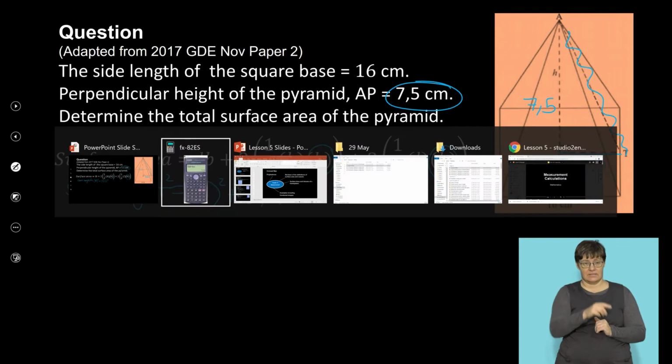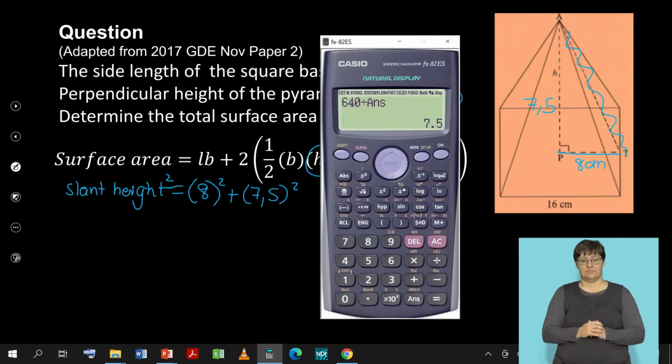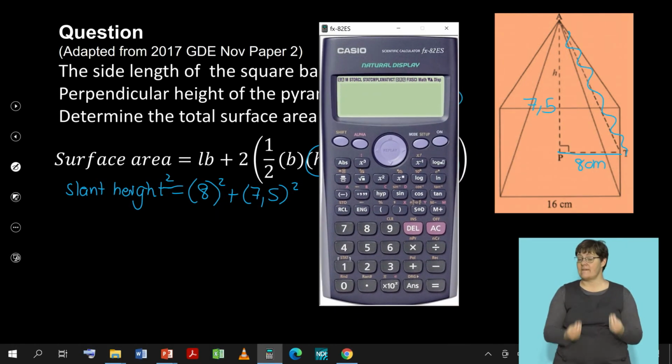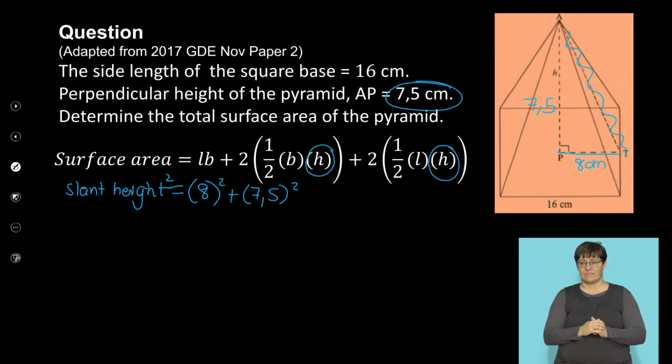So I'm going to put this in my calculator. So we've got 8 squared plus 7,5 squared. But I know that I'm going to have to square root my answer in order to establish what my slant height is. So I'm going to square root my previous answer, and I'm going to get that my slant height is 10,97.